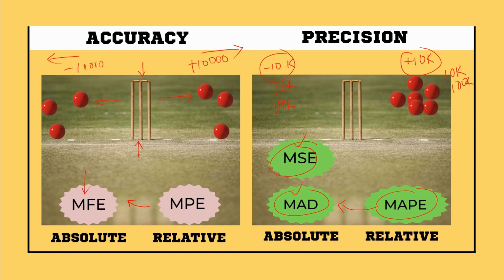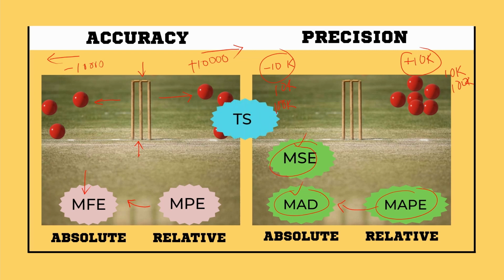So even if the inaccuracy is high and equal on both sides, MAD and MSE will not cancel it out and will consider it a part of inaccuracy, and hence represent it as a large spread of the forecasting system. Therefore MAD, MSE and also MAPE are measures of precision.